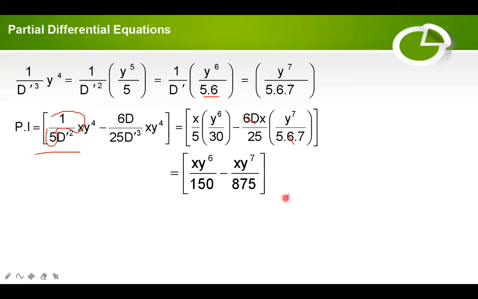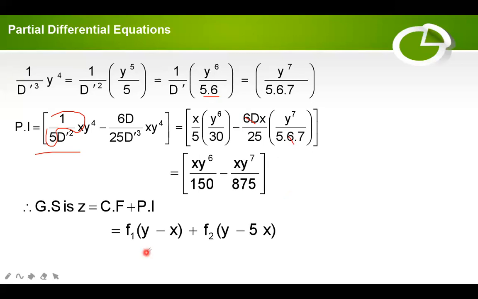Therefore the general solution is z equals CF plus PI. So CF is f1 of y minus x plus f2 of y minus 5x, plus PI is this one.